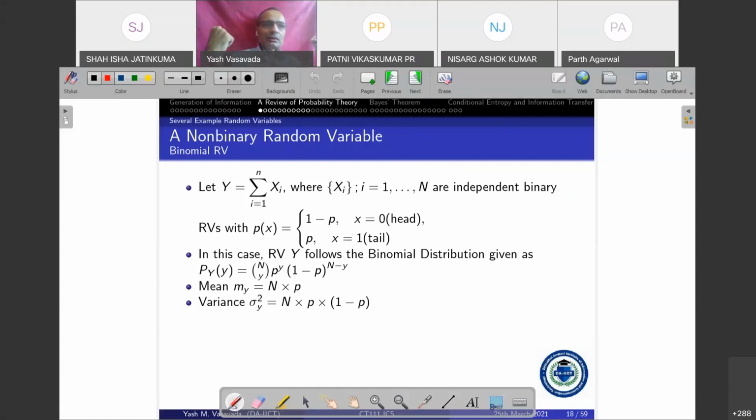But we almost always will map those non-numerical outputs of an information source to a number, and that number is called the random variable.